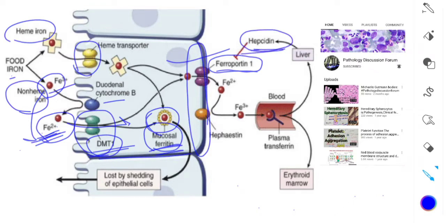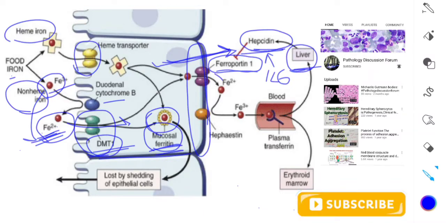This is another molecule, secreted by the liver, and in case of inflammation or any infection, if there is a rise in the level of interleukin 6, then there is more production of hepcidin, and this will block the transport of iron from the enterocyte into the blood circulation, and this is one of the negative controls of iron absorption.